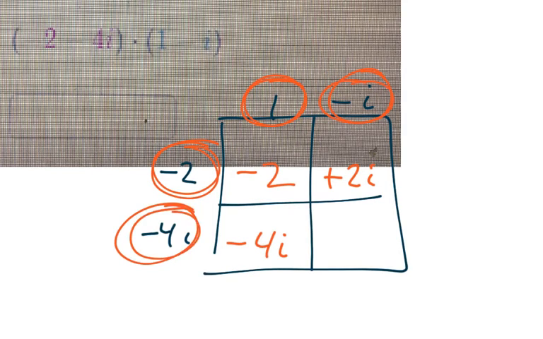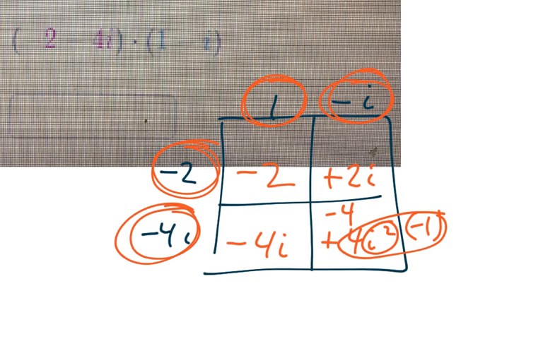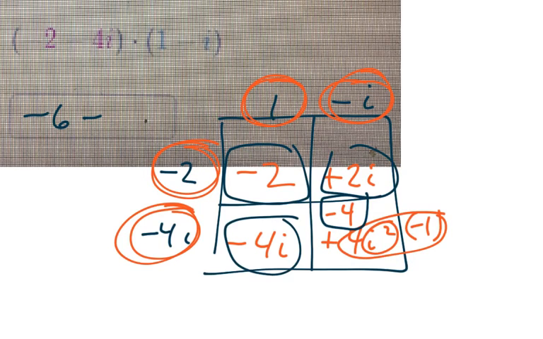Negative i times negative 4i is positive 4i squared. Oh, but i squared, remember, is negative 1. So 4 times negative 1 is negative 4. So what is our answer? Negative 2 and negative 4 is negative 6. 2i minus 4i is minus 2i.